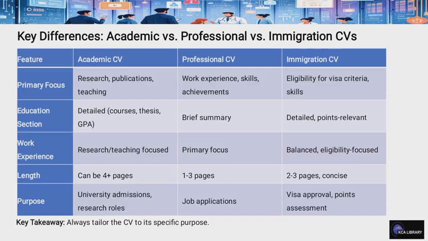Work experience needs to be balanced and eligibility focused, and the length can be between 2 to 3 pages, and it should be concise. The purpose is visa approval and point assessment. You also need to note that you always need to tailor the CV to the specific purpose you want to use it for, whether academic, professional, or immigration.